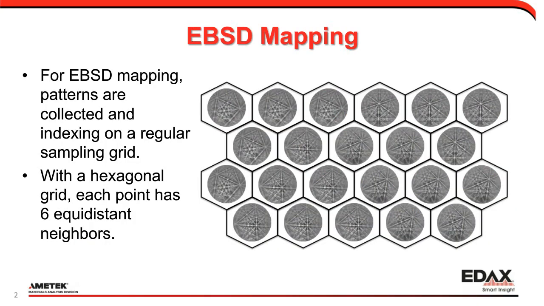For EBSD mapping, we're basically just collecting patterns on a regular sampling grid. Nothing too fancy, just point to point to point. So you have X and Y coordinates with a pattern. We default to what's called a hexagonal grid. We do this for two main reasons. One, it has a better density of points, and two, you have 6 equidistant neighbors.